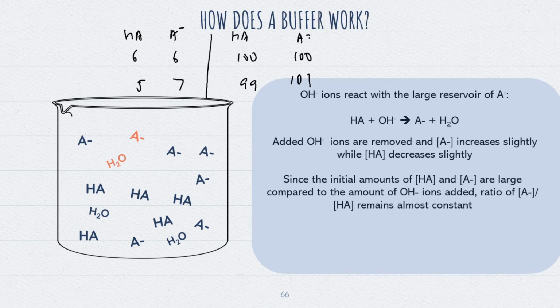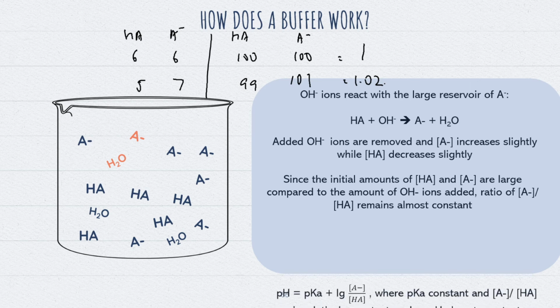Initially it was a 1-to-1 ratio, and now the ratio of your salt over your acid should be 1.02. So once again, the ratio changes very little.